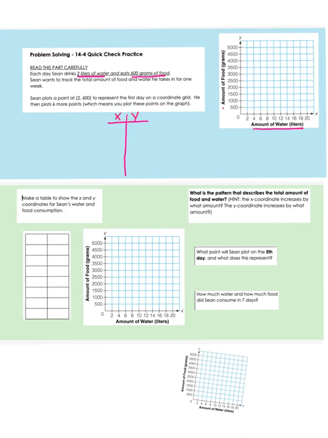What I know already is he plots a point at 2, 600 to represent the first day. I'll make a little note here: day 1, he drank 2 liters of water and he ate 600 grams of food. Let's plot that over here.